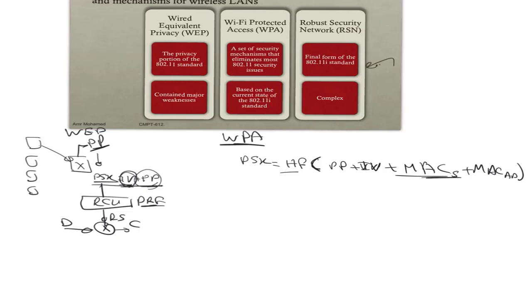But still, it's still breakable, and that's why the use of 802.11i was kind of a must. Okay. But of course, as we will see, even with WPA2 or RSN or 802.11i, they are all the names for the same thing.